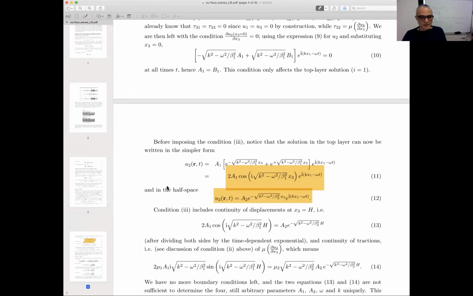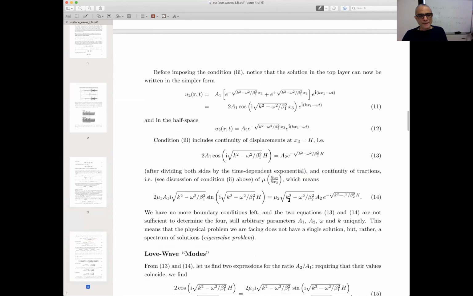Okay, so we have U2 that takes either of these two forms, depending on whether we are in the top layer or in the half space.